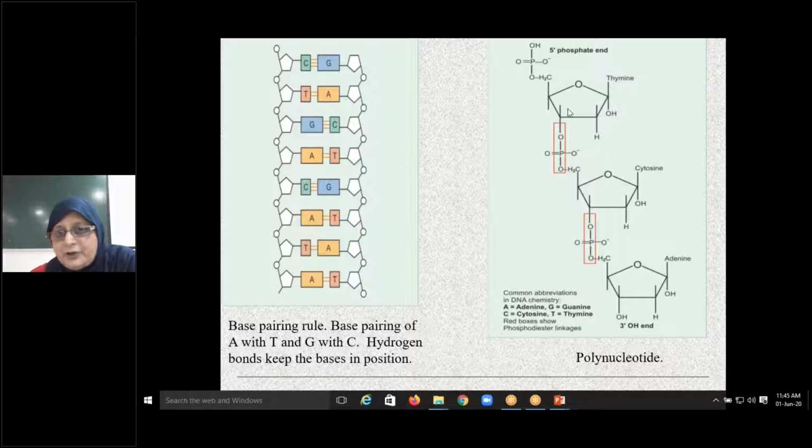The hydroxyl group at the 3' position of the first sugar will combine with the phosphate at the 5' position of the next deoxyribonucleotide, and in the process pyrophosphate is released. This forms what we call the phosphodiester linkages.